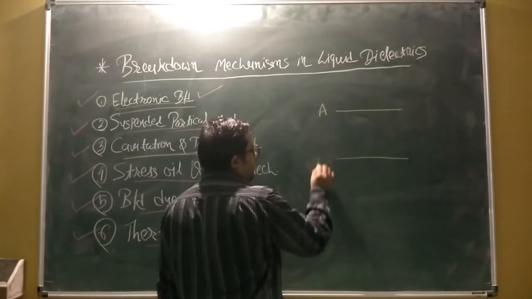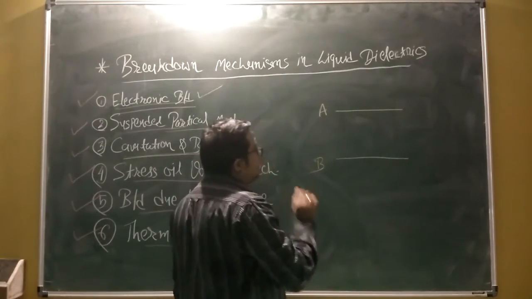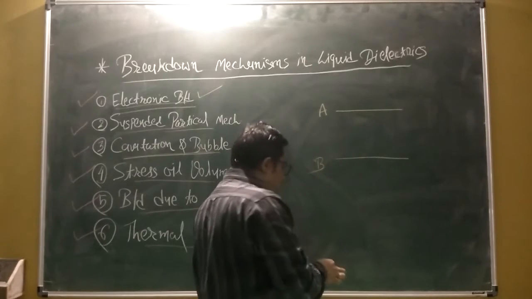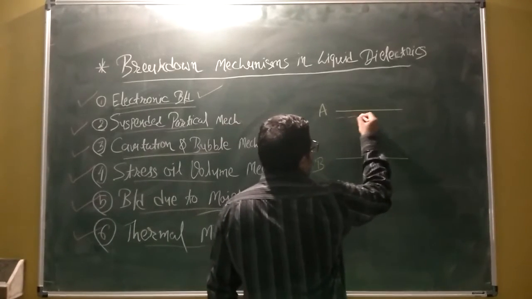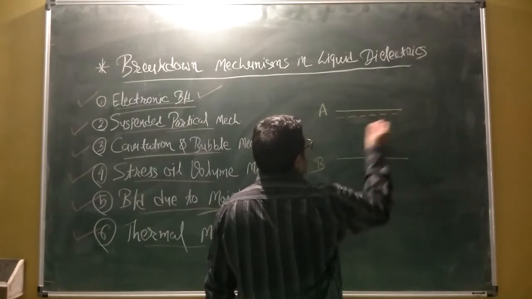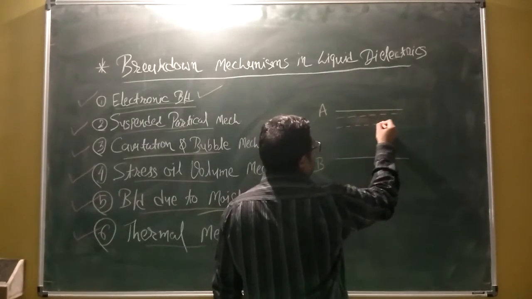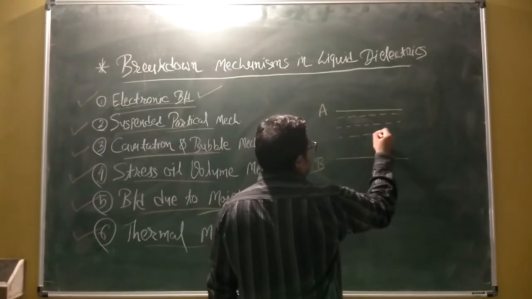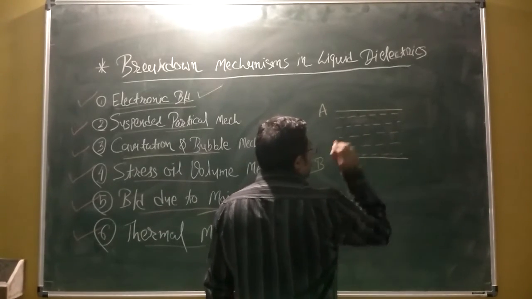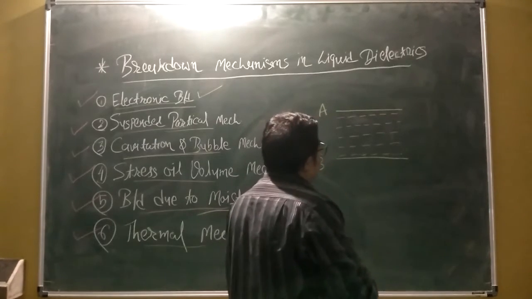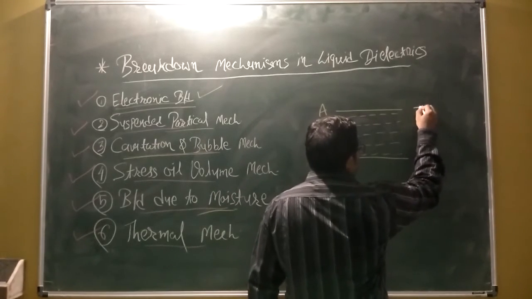Suppose this is plate A and this is plate B. Both the electrodes are separated or filled by this oil. This pink one represents the oil. The distance of separation is supposed to be d.